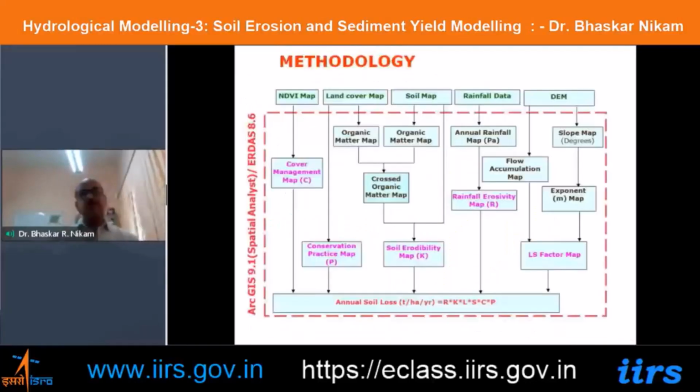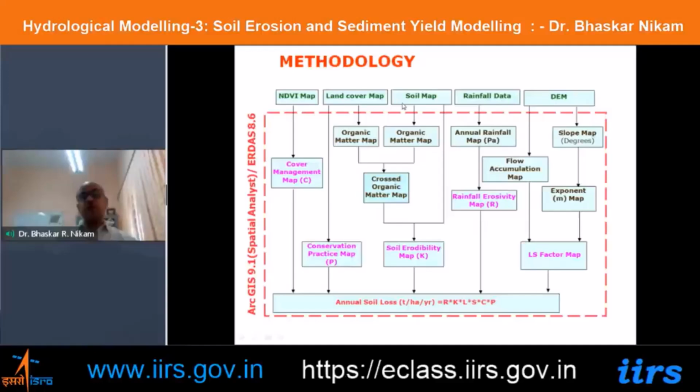Now, this is an overall methodology that one can follow in calculating soil erosion using RUSLE. Using the DEM and doing some operations, the topographical factors can be calculated, which are the L and S factors. Using rainfall, the rainfall erosivity factor, the R factor, can be calculated. Using the soil map, the K factor, the soil erodibility factor, can be calculated.